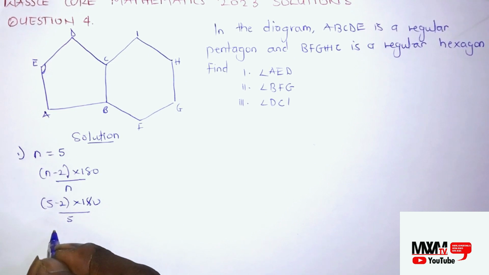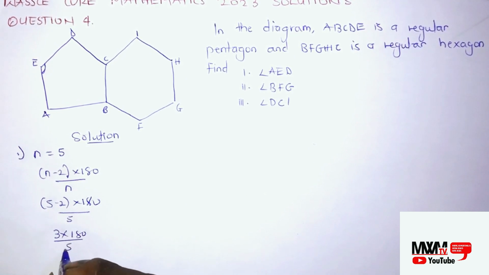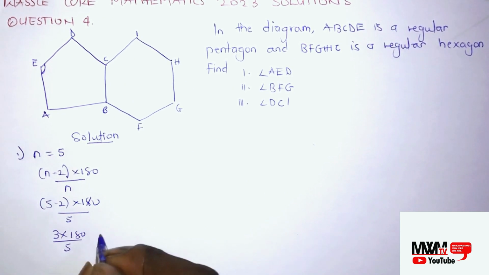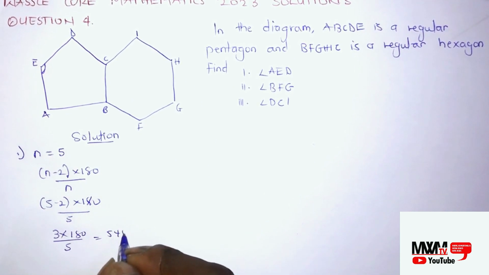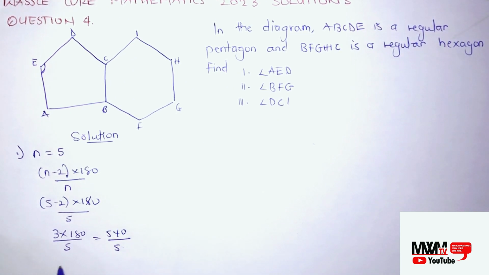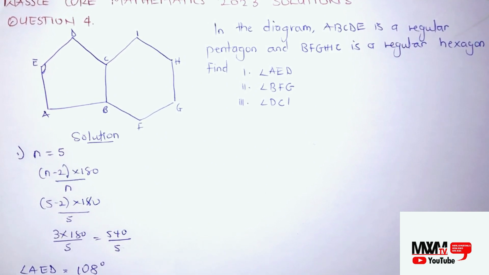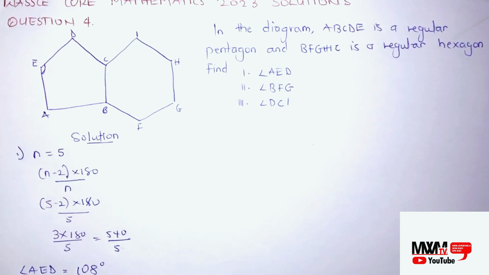That gives us 3 times 180 over 5, so 540 divided by 5. And we get the angle to be equal to 108 degrees. And that is angle AED is equal to 108.